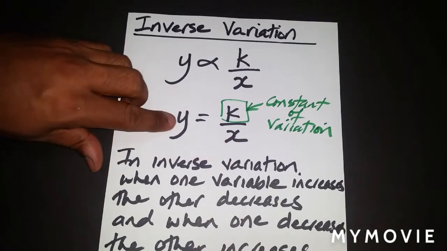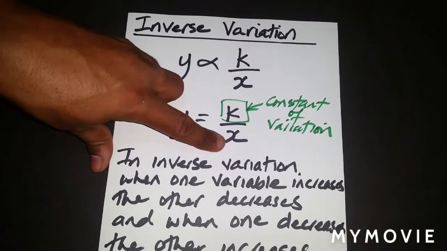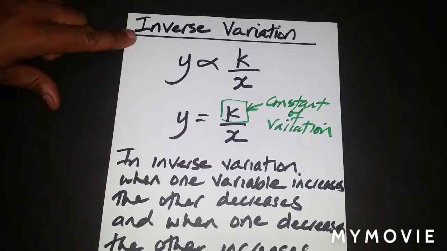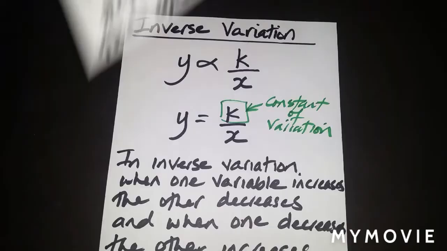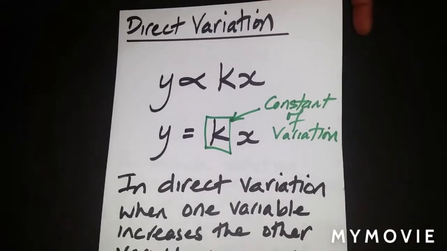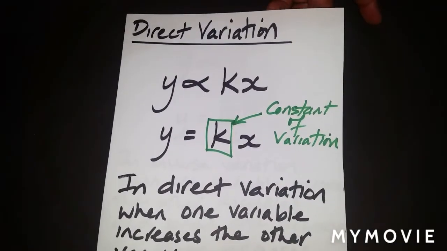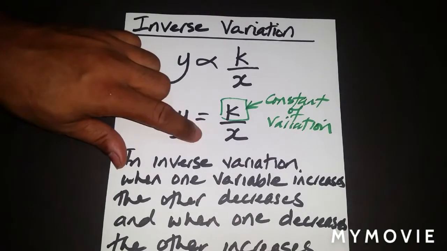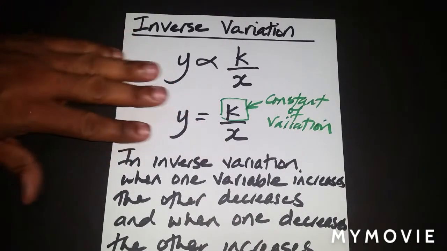So the two variables, y and x, are being related. And notice the difference in the formula now when we're dealing with inverse variation as opposed to direct variation. This is the formula for direct variation: y equals k times x. But for inverse variation, it's y equal to k over x.